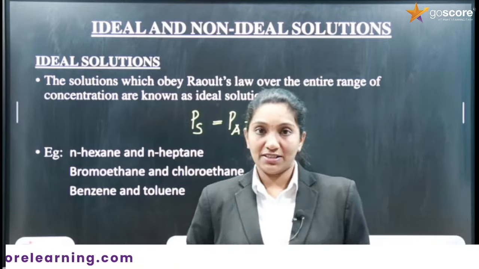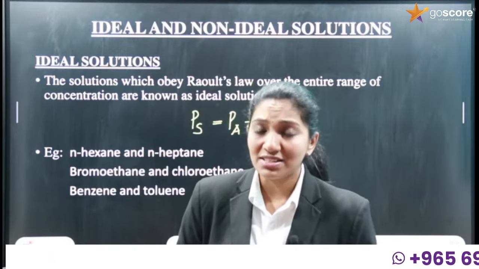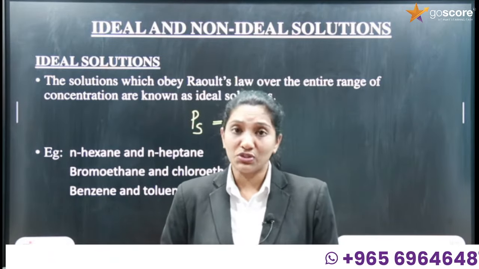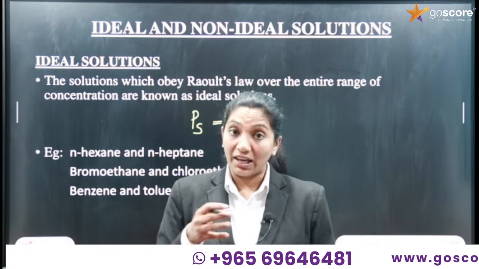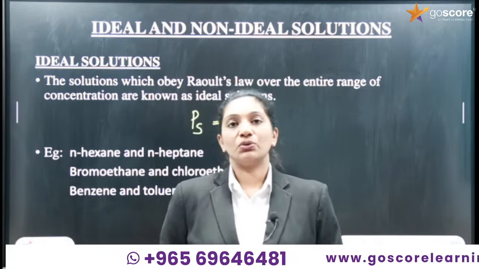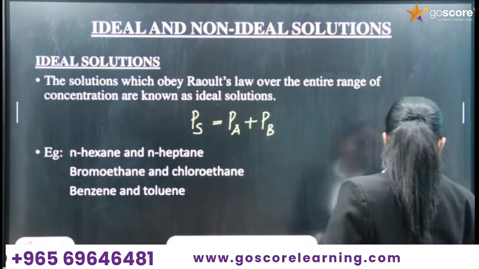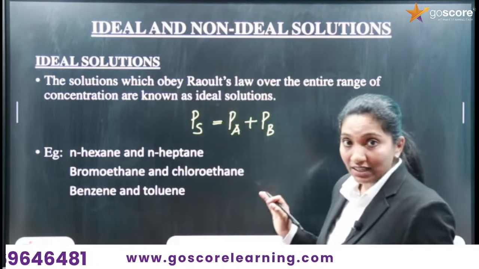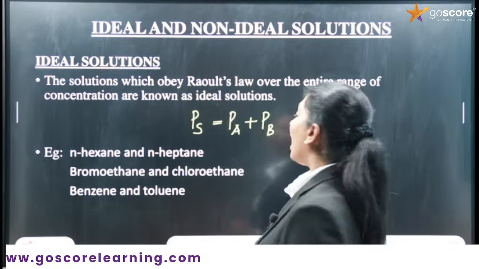Usually none of the solutions show this ideal behavior. Usually only upon diluting the solution, very dilute solutions show this ideal character. So I think this is clear. Ideal solutions are the solutions which obey Raoult's law.